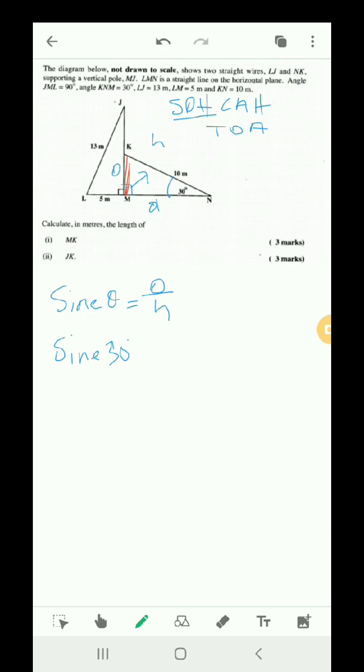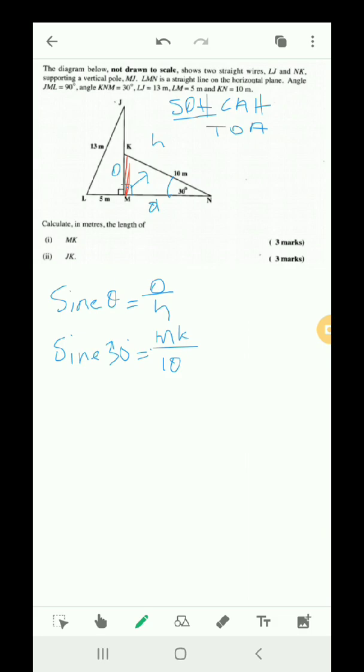And our opposite side is our unknown, and that is MK. We don't know what MK is. That is our opposite side, so we put the MK there. MK is over the hypotenuse, which is 10 meters. Right, so that is it.